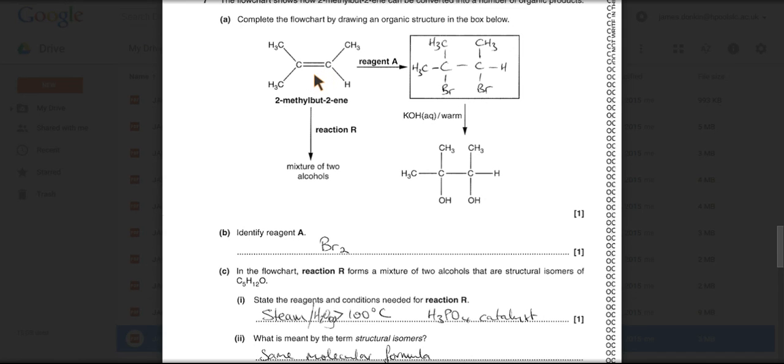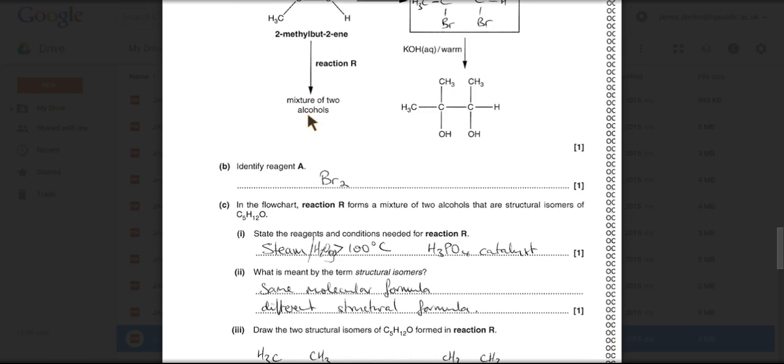With water, if you think about it as HOH, you can put an H on there and therefore an OH on there, or you can put the H on there, the OH would go on there, and that would give you different structures, hence the isomers.